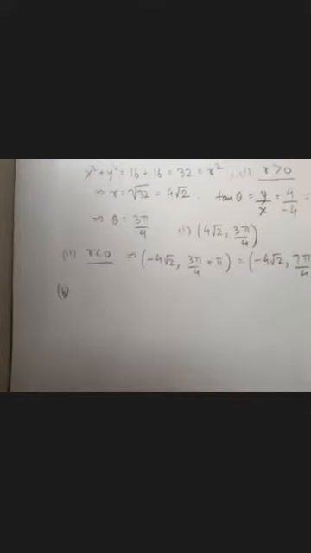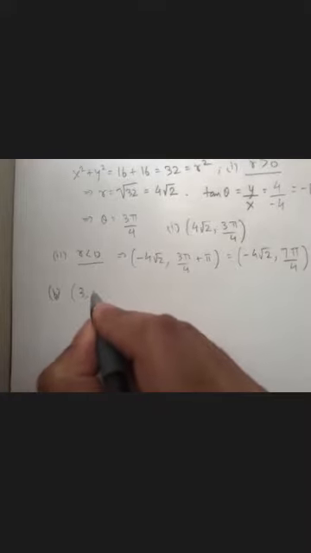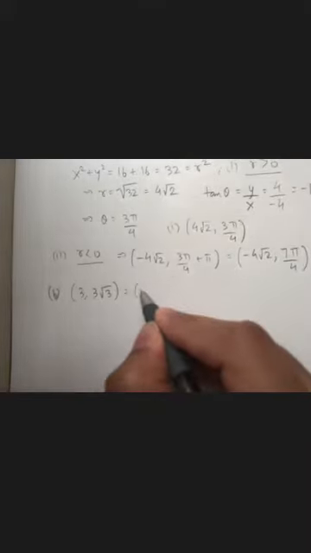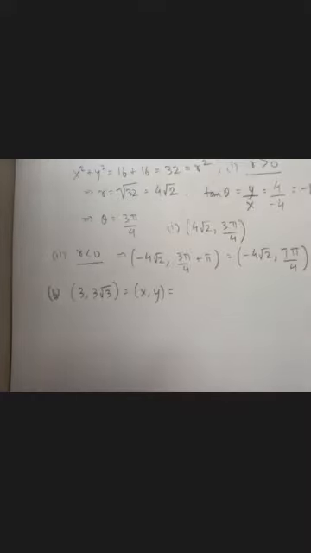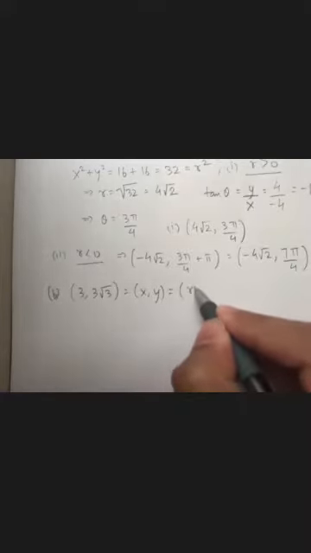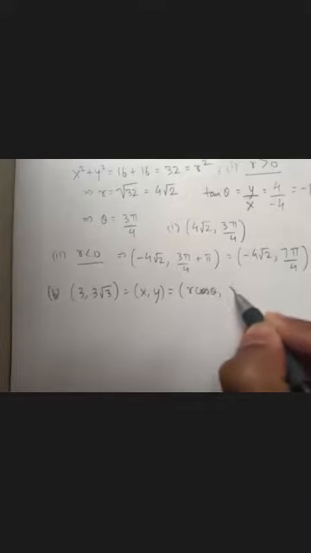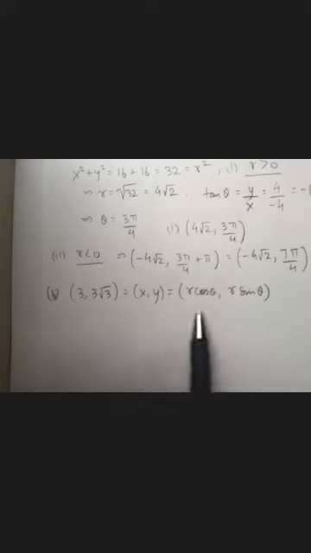Three comma 3 root 3. So again, don't forget that this relation is very important. So now we can find r from here.